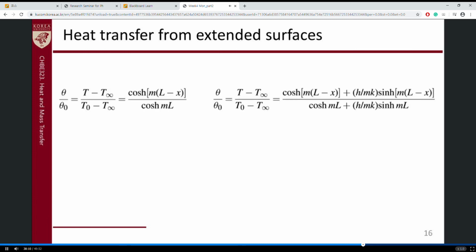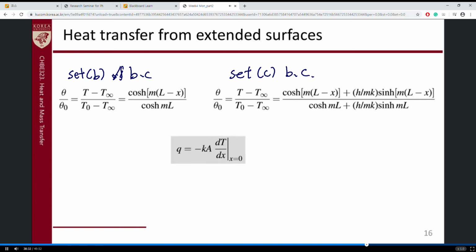The next thing is the set B boundary condition and set C boundary condition. And we already got these values from the above slides, right?